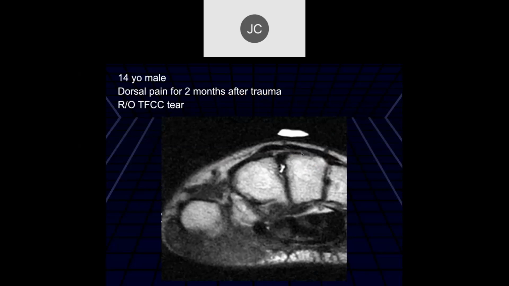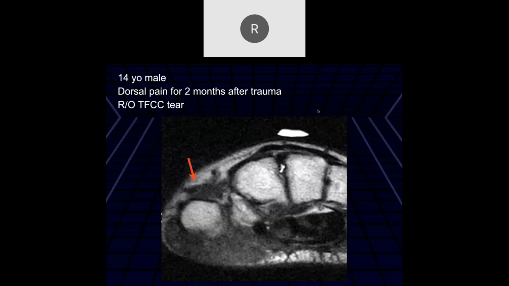Okay, Robert. All right, so we have a 14-year-old male, dorsal pain for 2 months after trauma. Rule out TFCC tear. We're out of the plane of the TFCC, and we're looking at the extensor compartment. Okay. I see a marker back here. Yeah, I see a marker back there too.